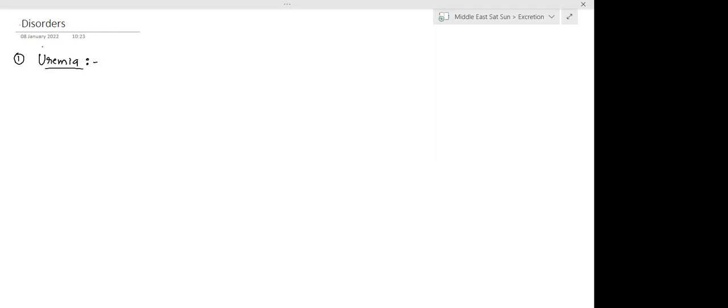In this condition, high concentration of non-protein nitrogens, which include urea, uric acid, creatinine, takes place in blood.